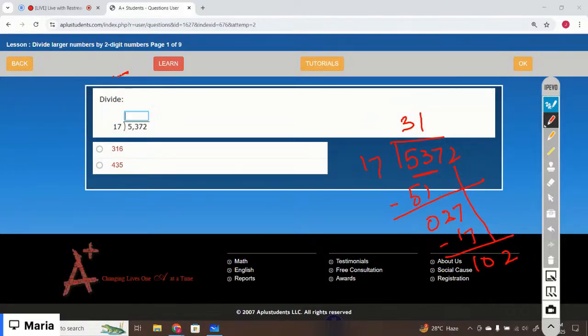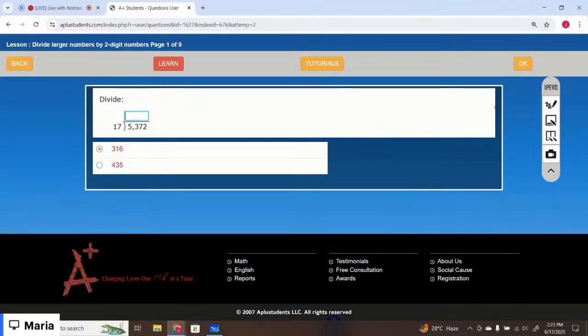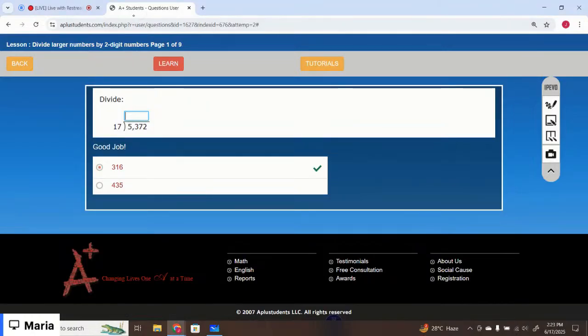Now bring 2 over. 17 times 6 is 102, and so that is 316. Option number 1 is the right option.